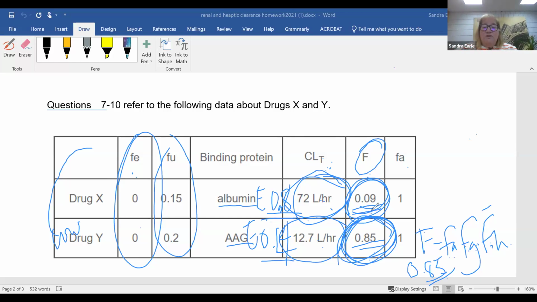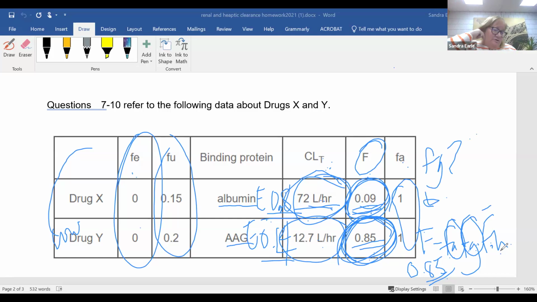But we can't be sure that that's a high E drug unless we look at the clearance, because clearly a drug could have a low FA or a low FG and still have a low FH. They both have high FAs, but we don't know the FG. So this could have a low FG, so maybe it's very highly cleared by enzymes in the gut wall or by P-glycoprotein.